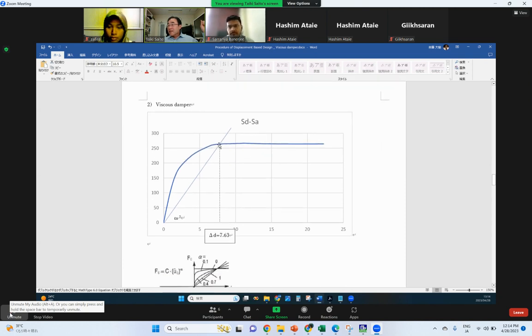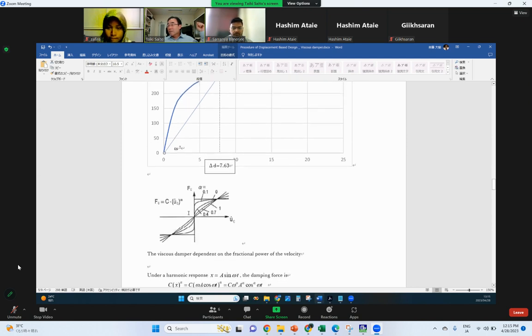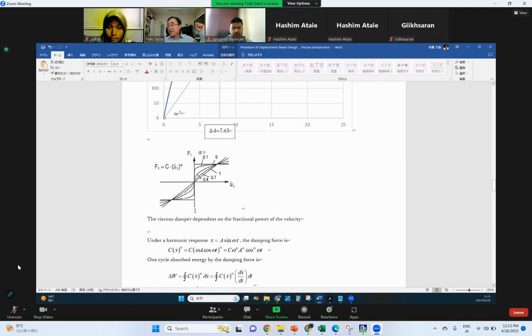So suppose this is the target drift, and you can get the equivalent frequency omega by connecting from the bottom to the target drift. This slope is omega square. And if you can calculate omega, you can calculate velocity.